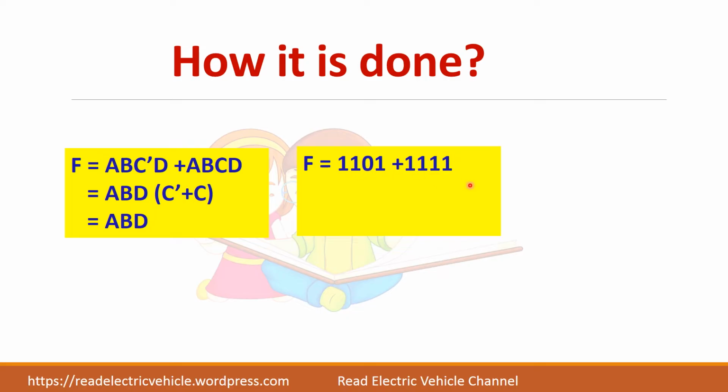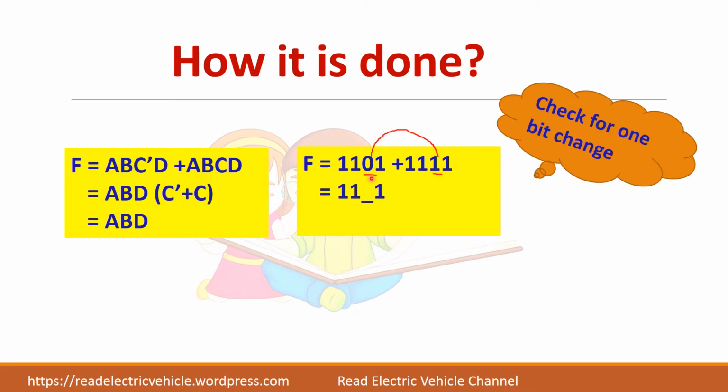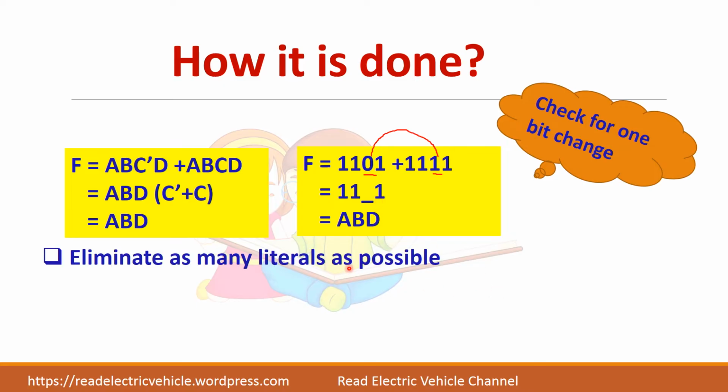Remaining bits are the same. In such a case, what I am going to do is put a dash here and eliminate that corresponding bit from the final expression. So, I will get the answer as A, B and D. In this way, you can eliminate as many literals as possible.